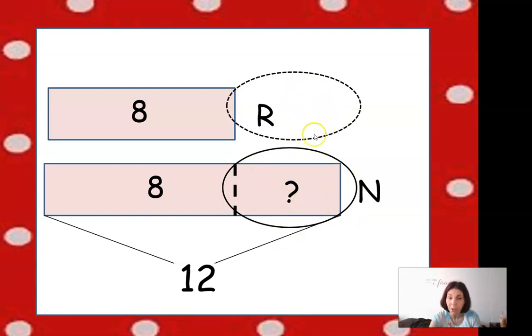So we would have to write 4 here in order for them to have the same amount of letters, because she already did 8 and she did 8. So if she did 4 to match this 4, then they would have the same number of letters. They both would have written 12 letters. But right now, Rosie only wrote 8 and Nicole wrote 12.